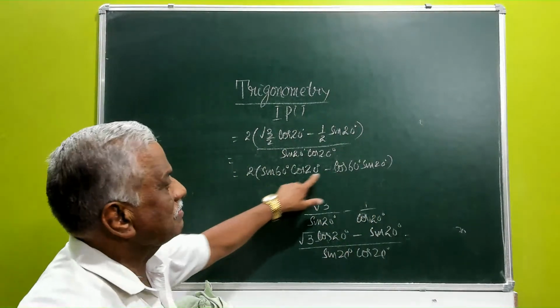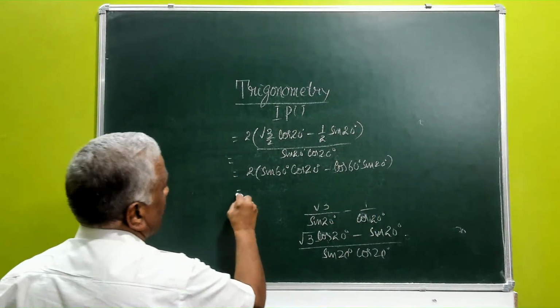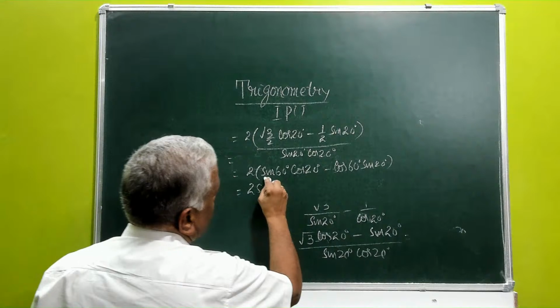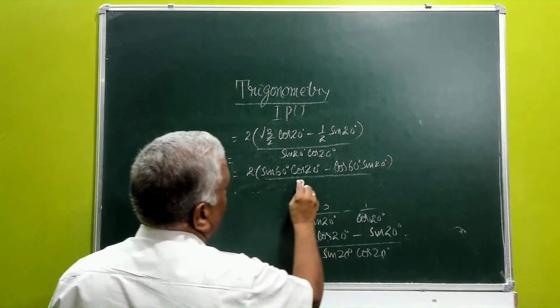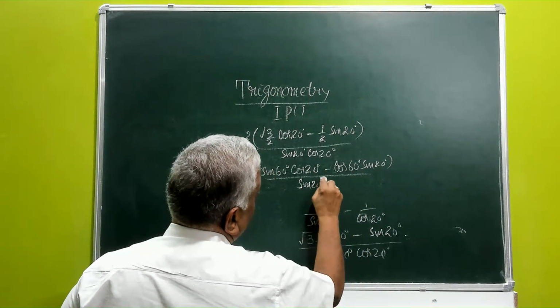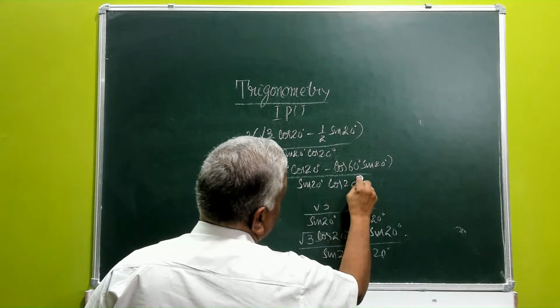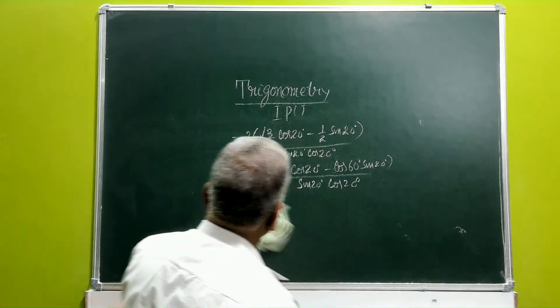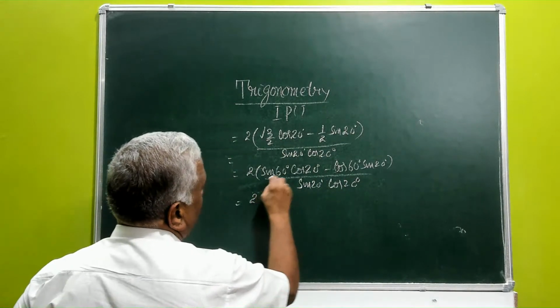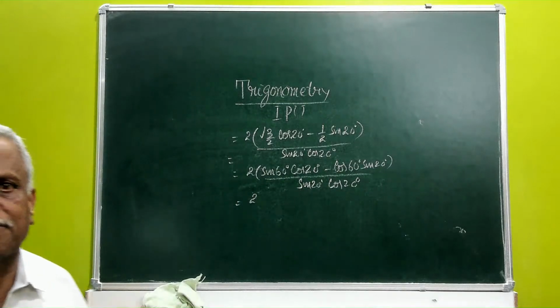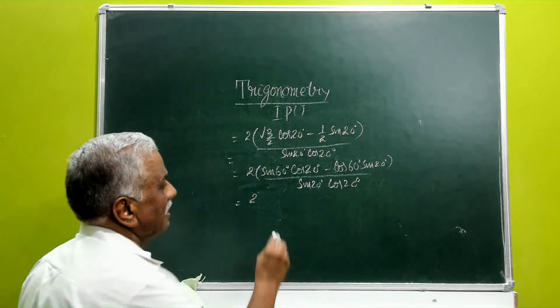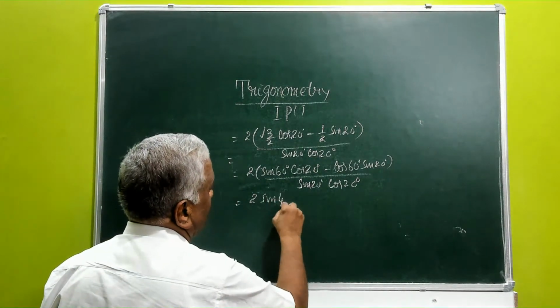So sin A cos B minus cos A sin B is sin of A minus B, because the denominator is there. The denominator is sin 20 degrees and cos 20 degrees. So this is sin of A minus B, that is sin of 40 degrees.